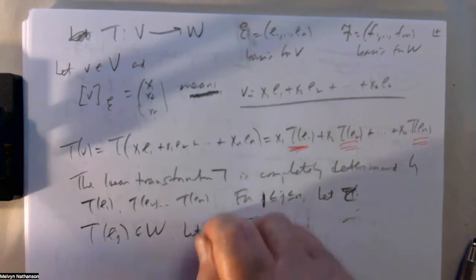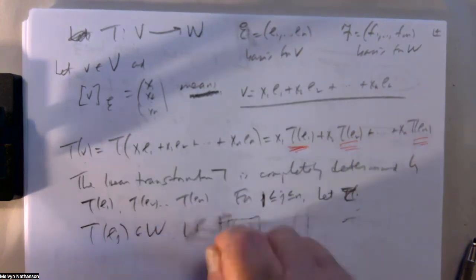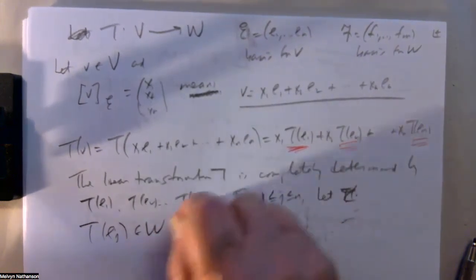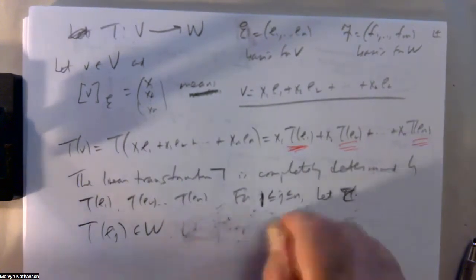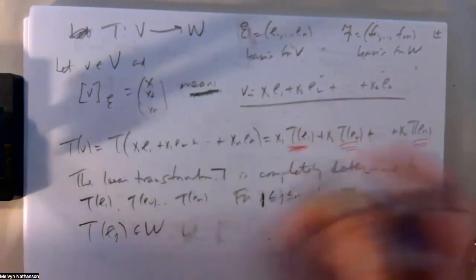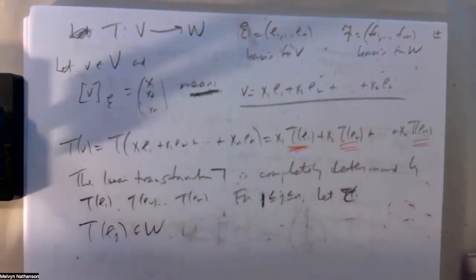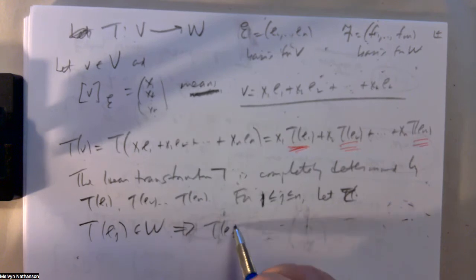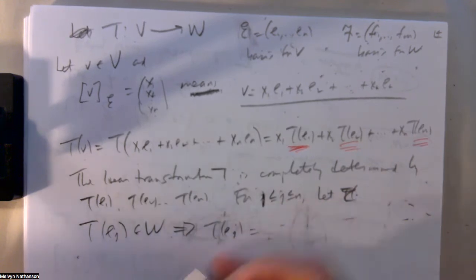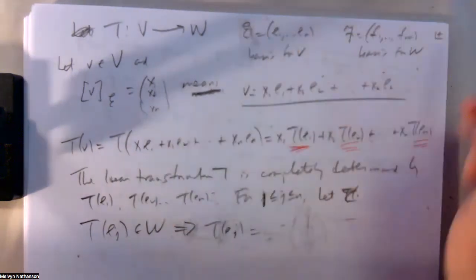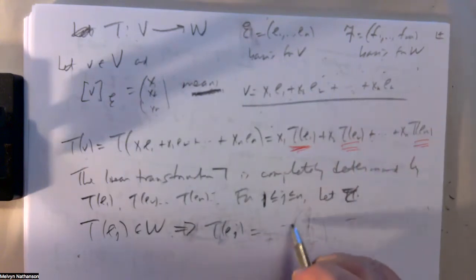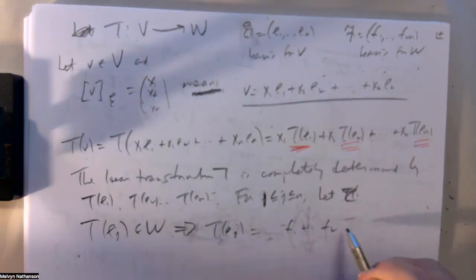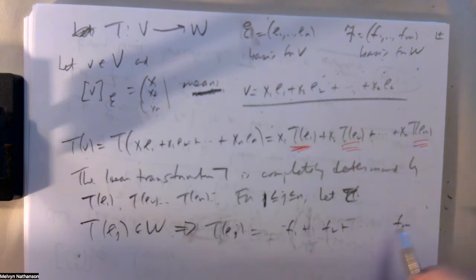Let me do this in 2 steps. So if T of ej is in W, then that implies that T of ej is some linear combination of the basis vectors for W, f1, f2 up to f sub m.